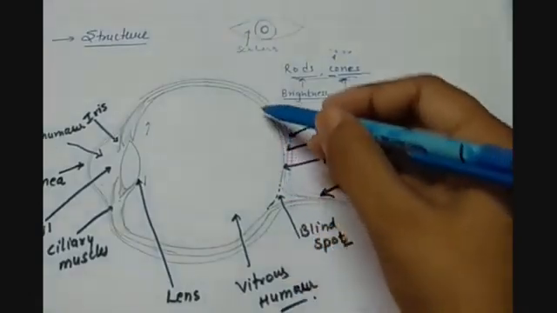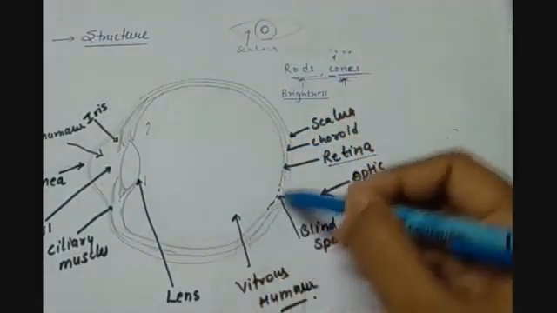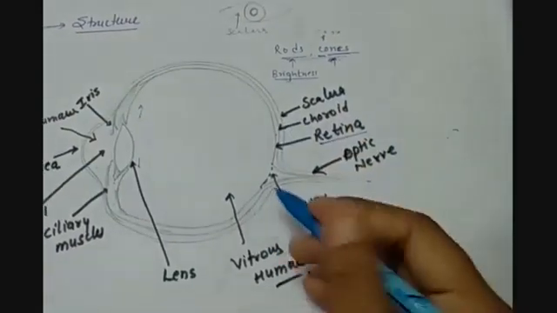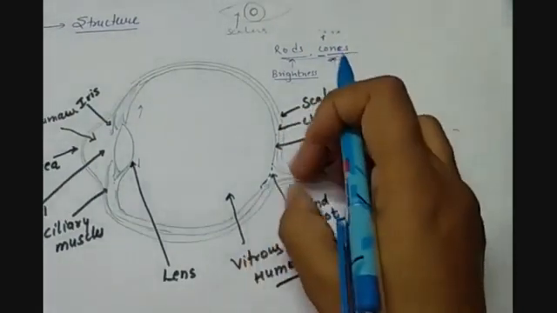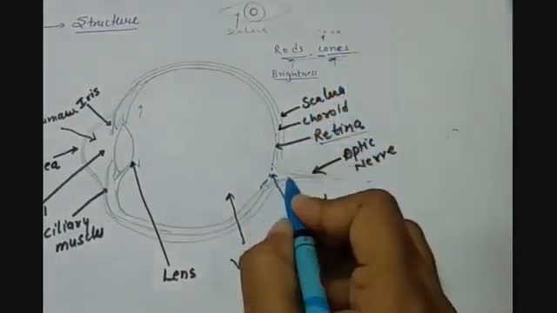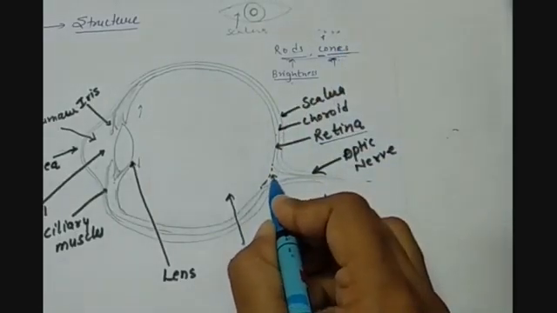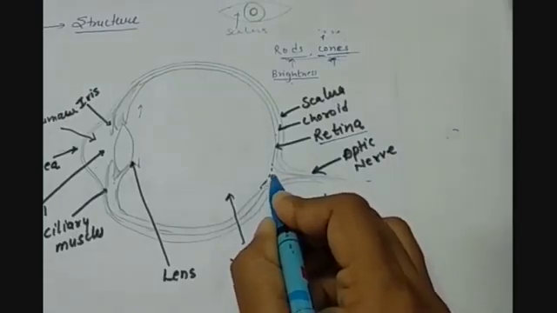Here at the retina, everywhere we have the rods and cones, but at the place where the retina is meeting with the optic nerve, at that place no rod and cone cells are present.